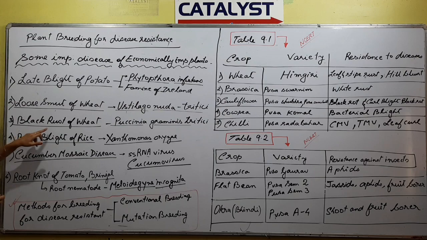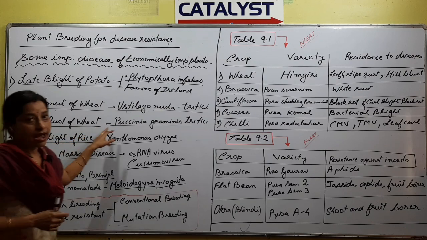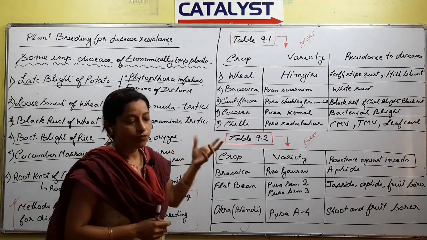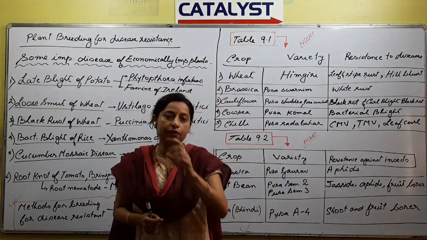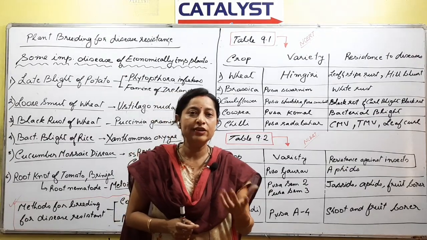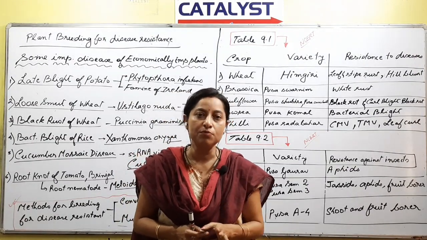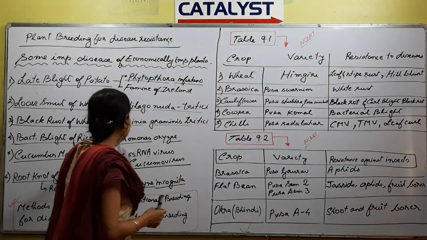Next we'll come to black rust of wheat. Black rust of wheat. What is the point that we remember? We always remember about Puccinia, no? If the question is asked, black rust, which fungi are we talking about? We are talking about Puccinia, right? Puccinia graminis.